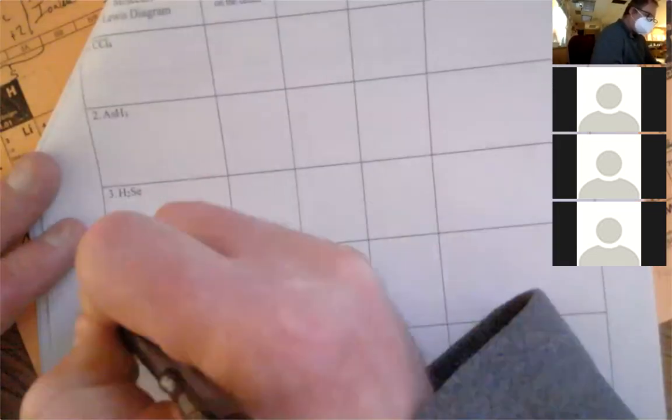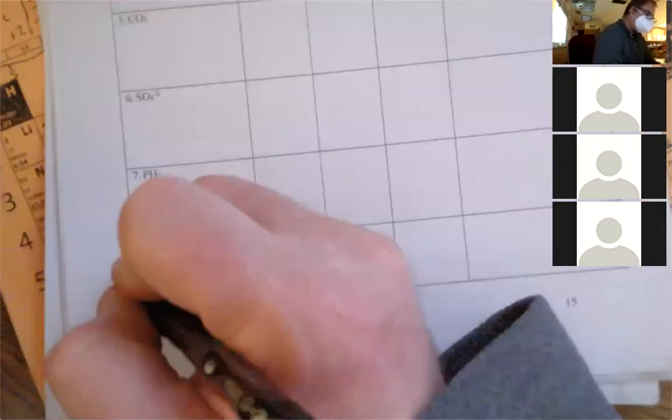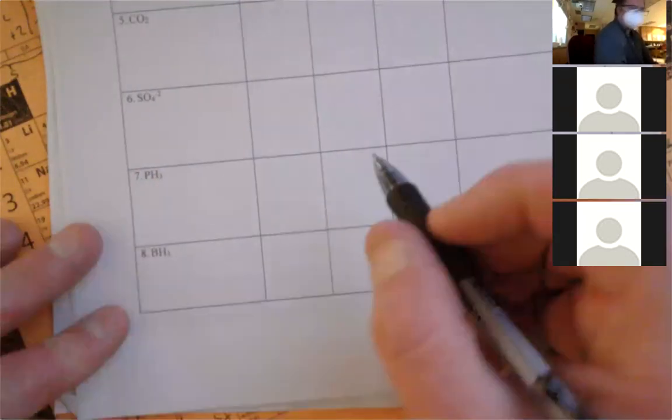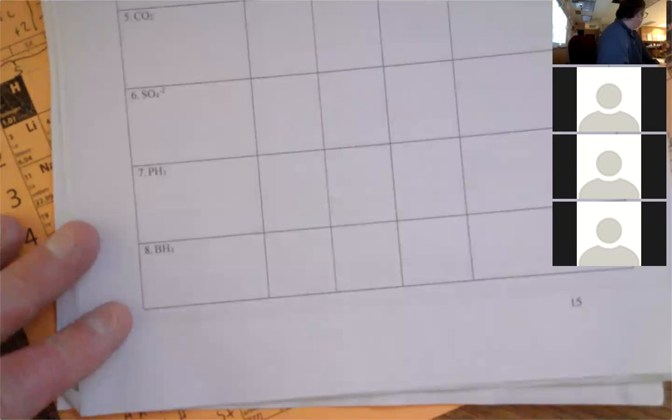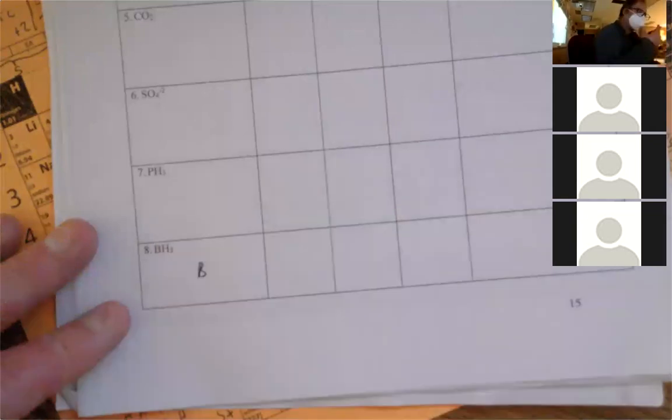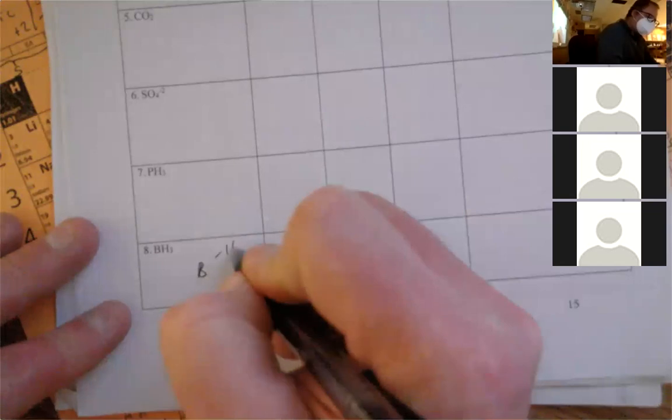Skip this one for now. Let's do this one real quick. Number 8. Who's in the center? B, because of uniqueness, right? So now we have all these rules that we can apply. H is for days.